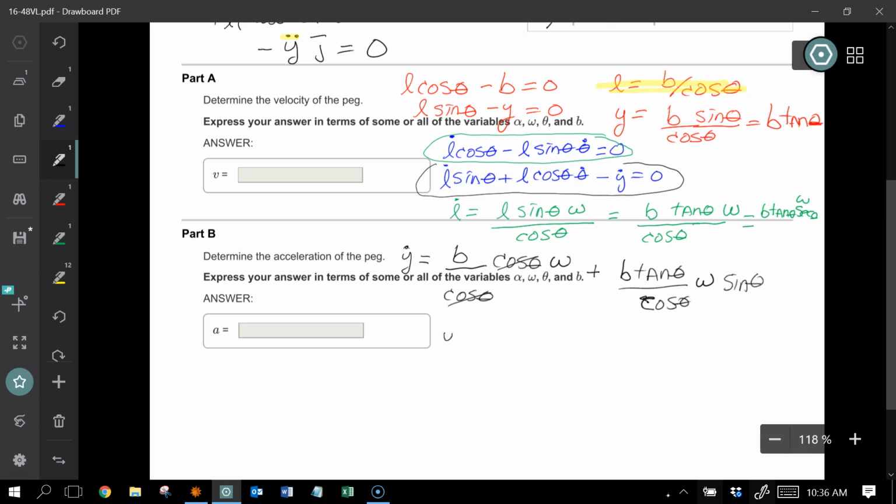So the speed, y dot, is equal to, factor out a b times omega, the first term is equal to 1 plus tangent squared of theta. 1 plus the tangent squared is the secant squared.